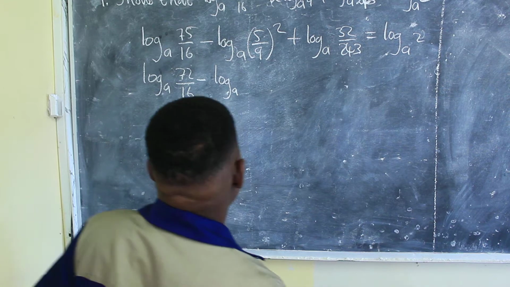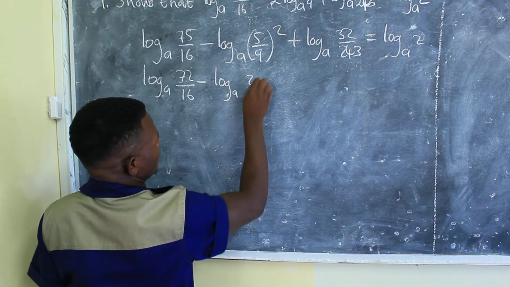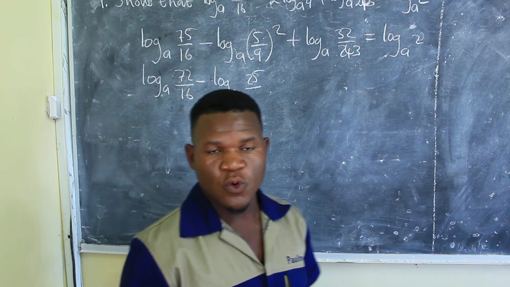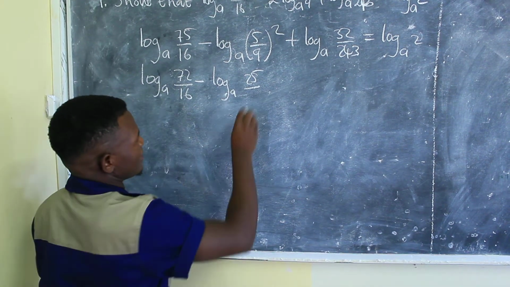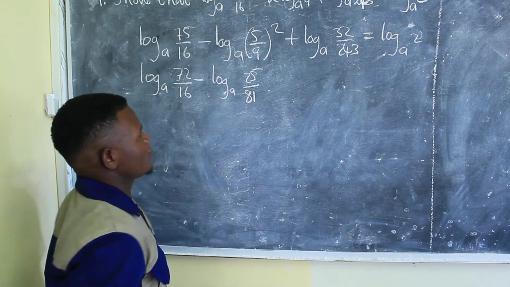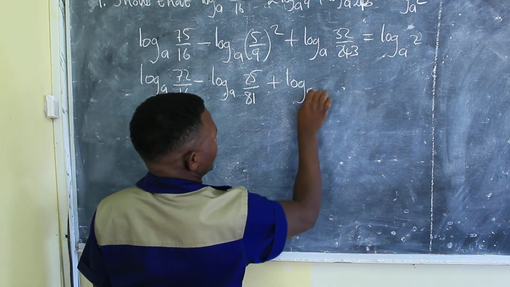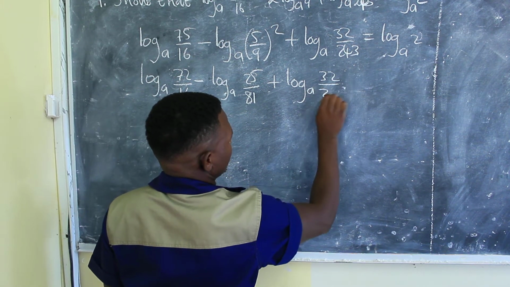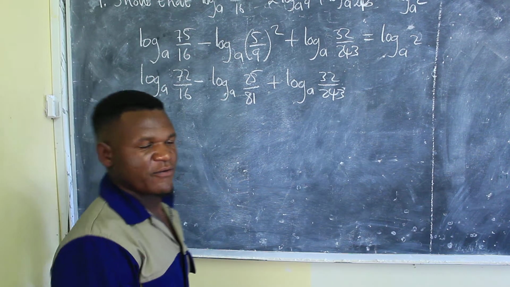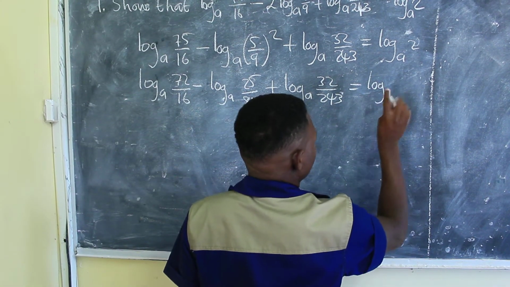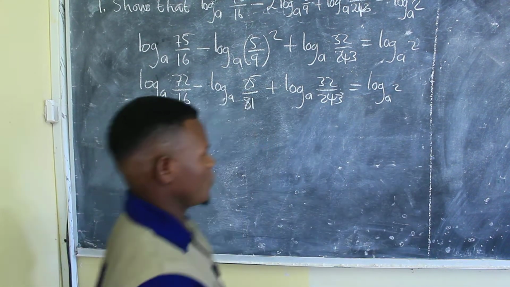Good. 9 to the power of 2, what is the answer? 81. Plus log base A 32 out of 243 is equal to log base A 2.